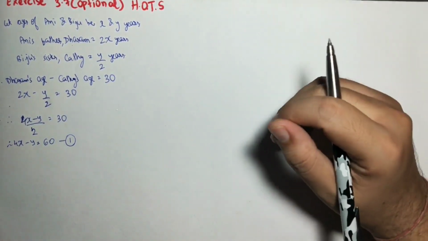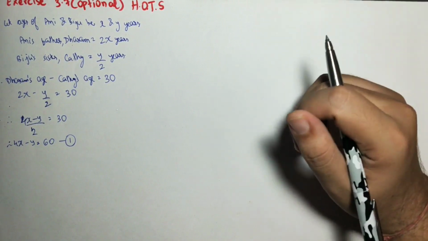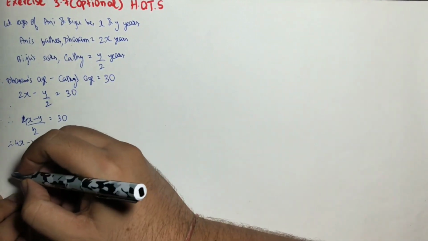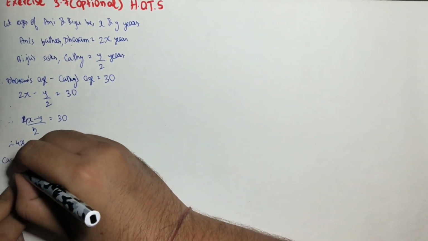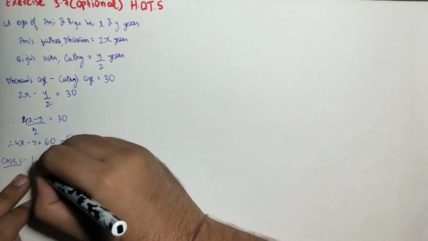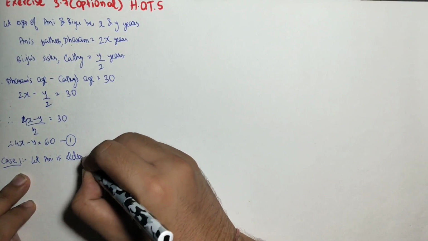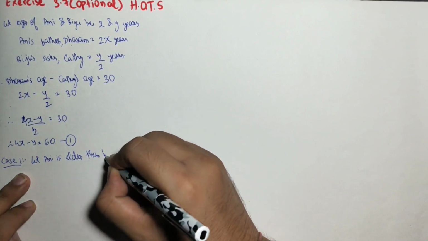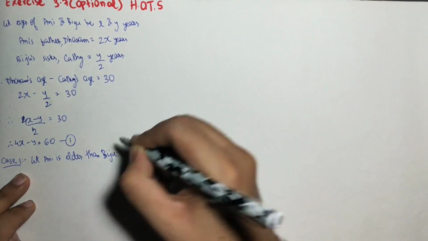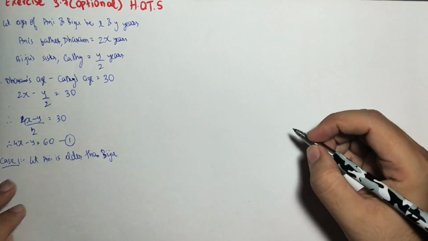Now comes your conditions, whether Annie is elder or Biju is elder. So let us divide into case 1. Let Annie be elder than Biju.